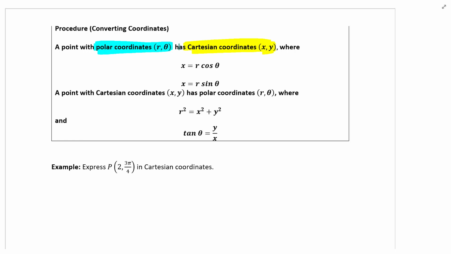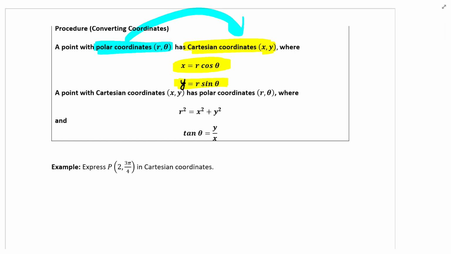To go from polar coordinates to Cartesian coordinates, we use x equals r cosine theta. So given r and given theta, we can find x. And here it's a typo, y equals r sine theta. So if I know r and I know theta, I can find the x and y, so the Cartesian coordinates.